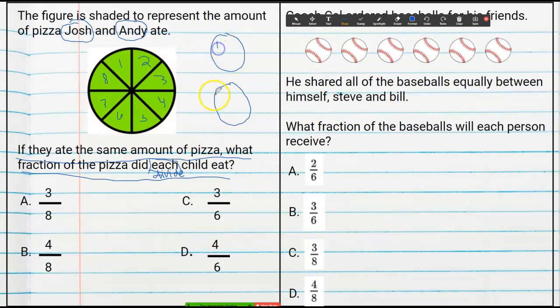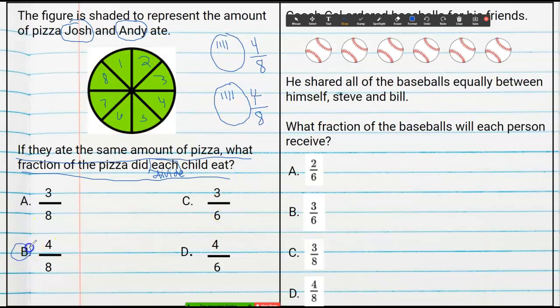So 1, 2, 3, 4, 5, 6, 7, 8. So each of these people, Josh has 4 slices and Andy has 4 slices. So that means Josh has 4 out of the 8 pieces because I have 8 total pieces. And Andy has 4 out of the 8 pieces.